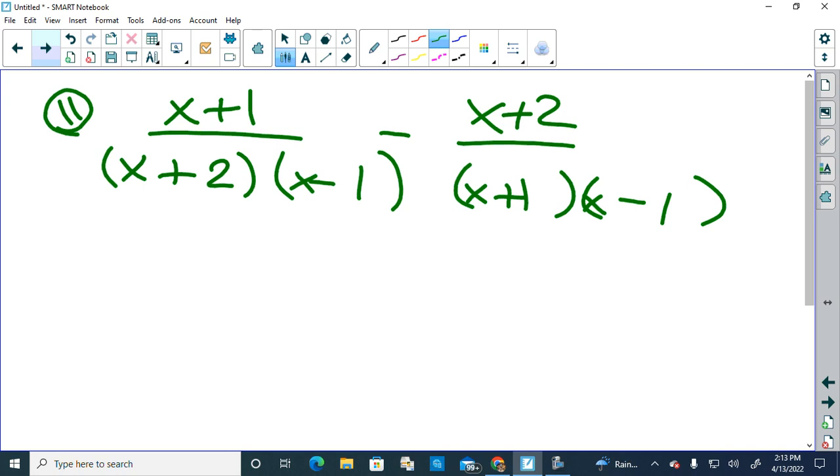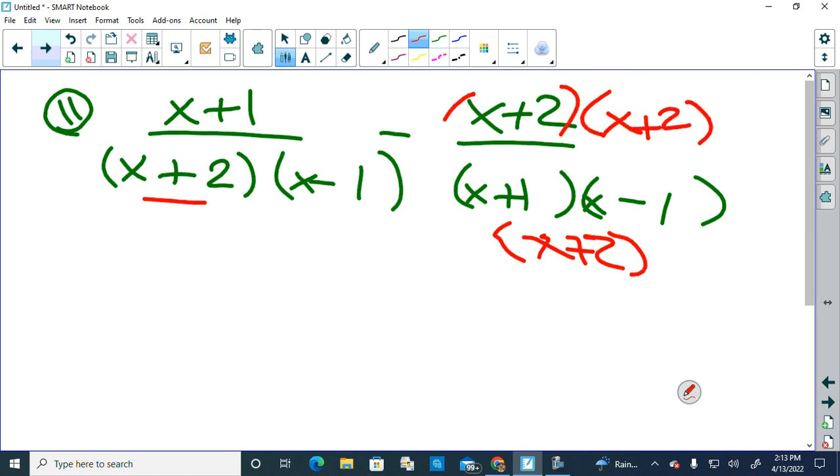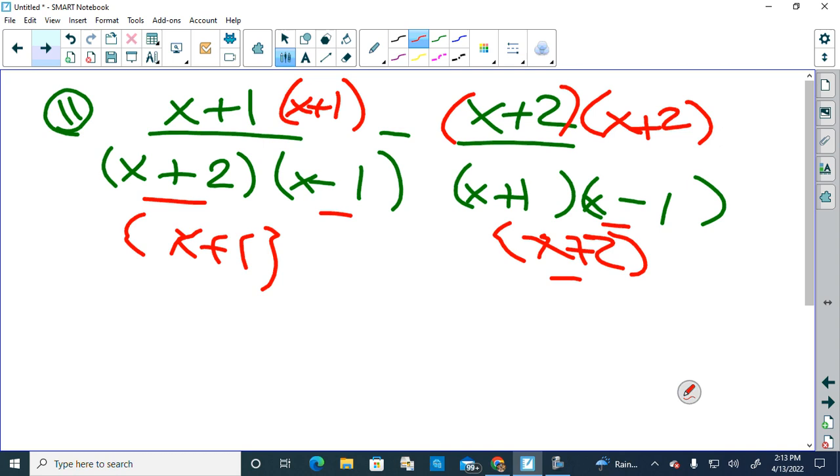Okay, common denominators. I have an x plus 2. That one doesn't have one, so whatever I multiply on the bottom, I've got to multiply on the top. Now they both have an x plus 2. X minus 1, so this one's missing x plus 1. Whatever I multiply on the bottom, I multiply on the top.